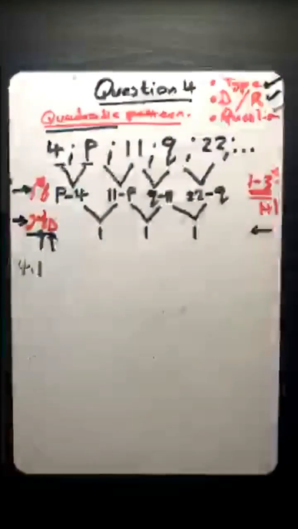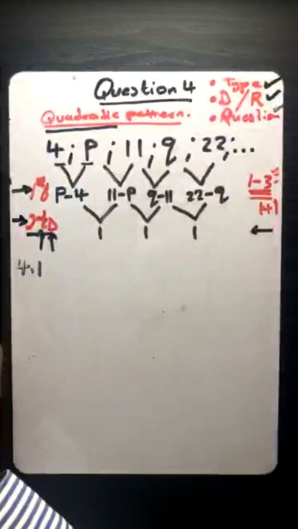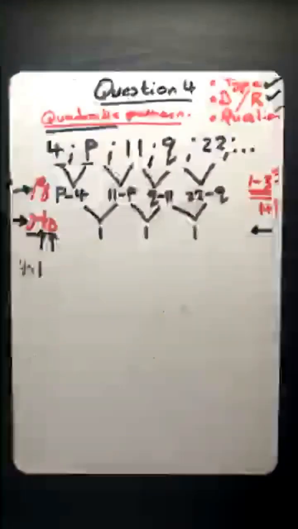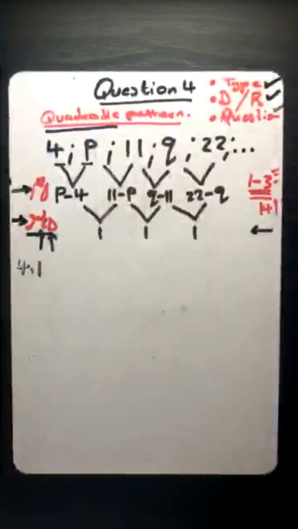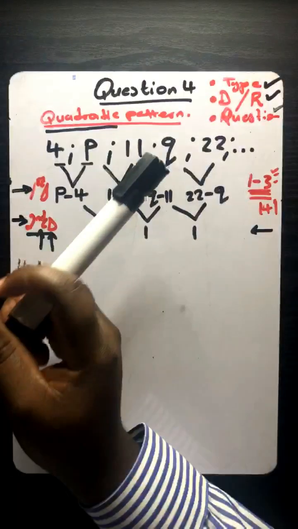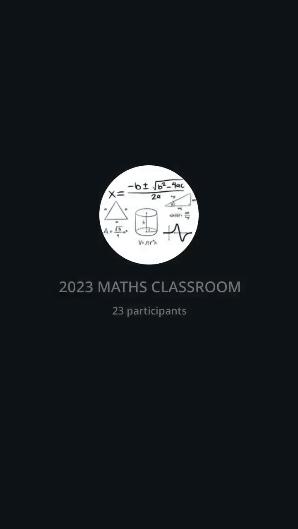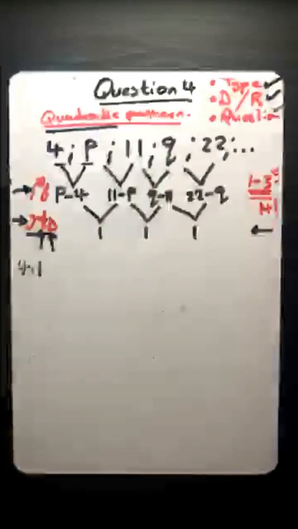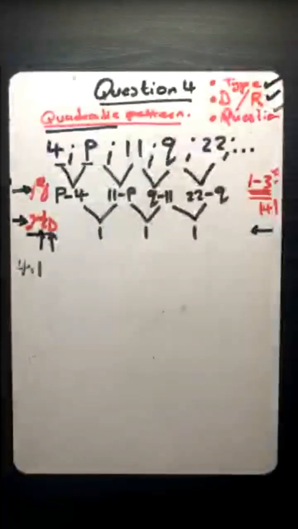The question says, show that P is equal to 7 and Q is equal to 16. Anyone who'd like to give it a try? Just mention your name and I will recognize you, honorable member.